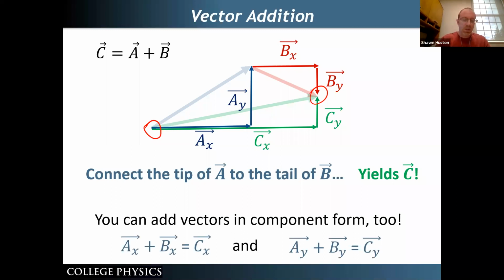And we can use these equations down here at the bottom of the screen in order to add up vectors in component form. Right. Main thing I want to focus on right now, though, is just some graphical addition.